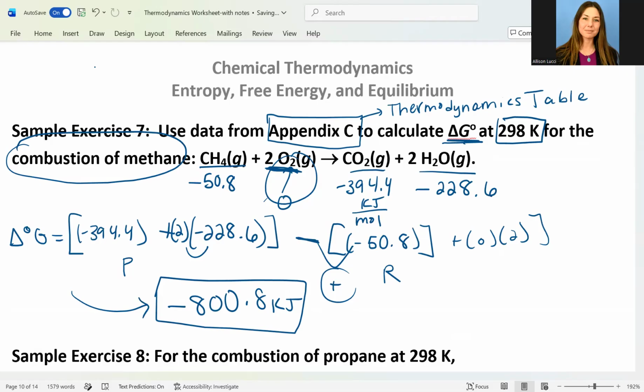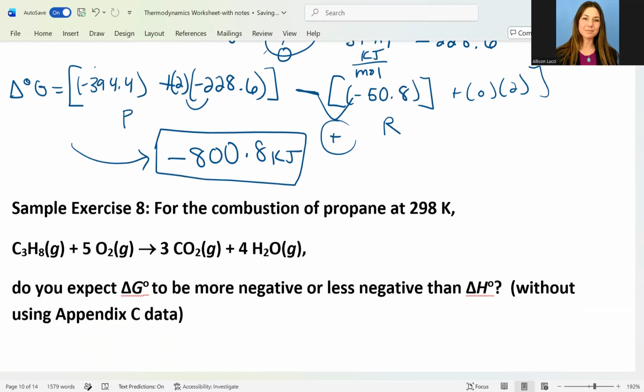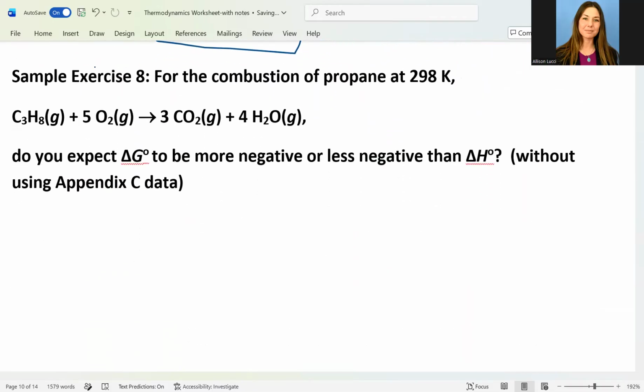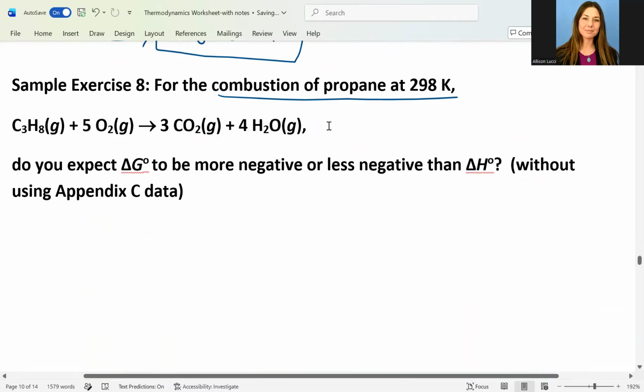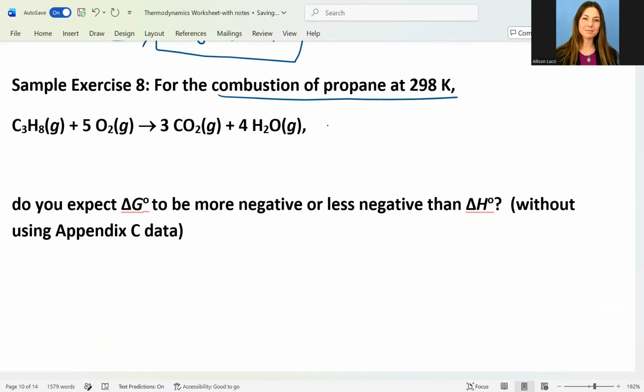So let's take a look at this second sample exercise here, number 8. We're told here, for the combustion of propane at 298, so standard conditions, we're given this reaction to show us the balanced molar relationship between propane and oxygen and carbon dioxide and water vapor. So we know these are the products of our combustion reaction.